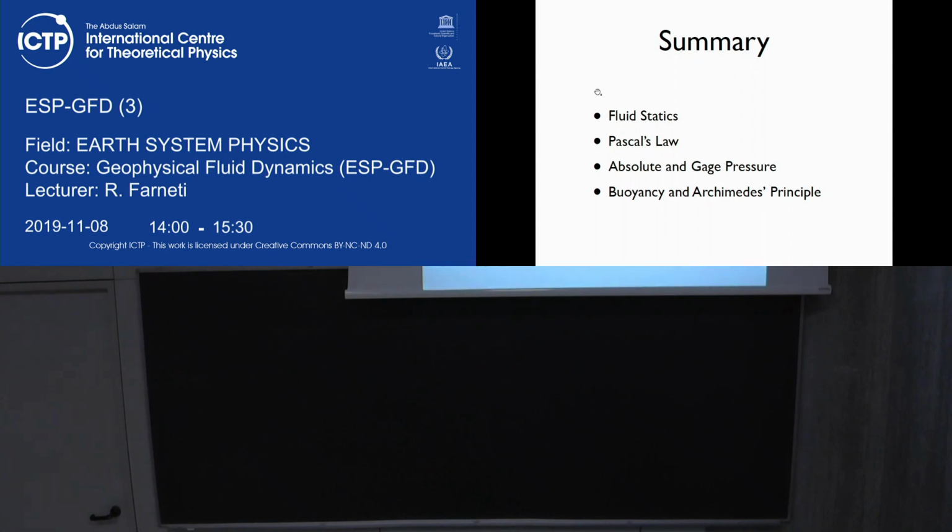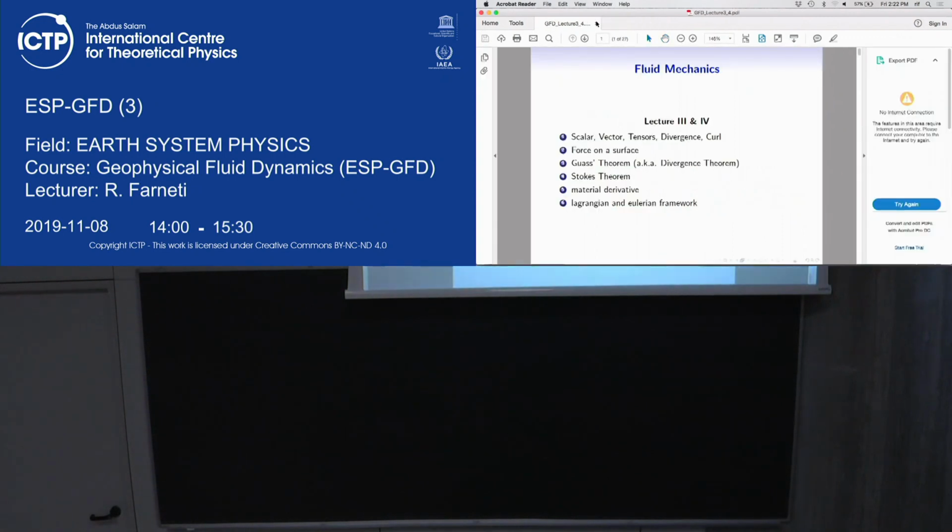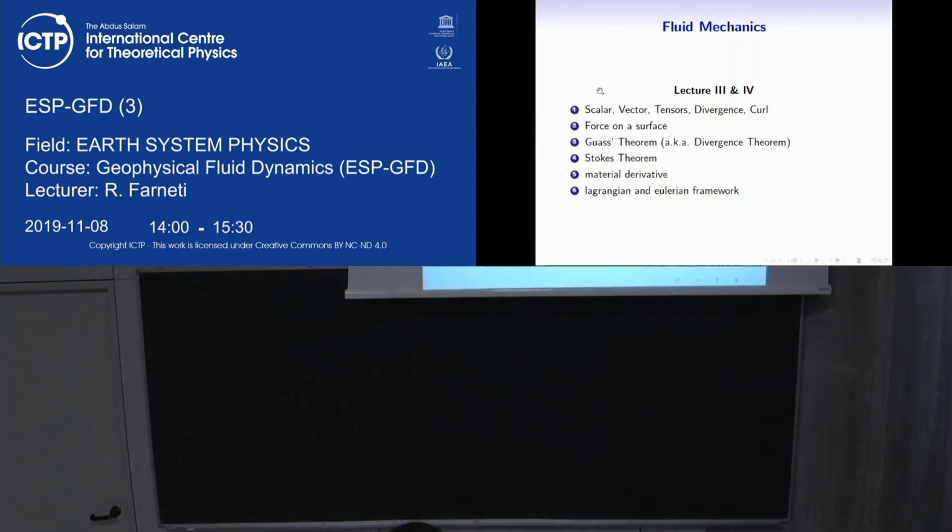Okay, so that's the summary of what we looked at. Now we're going to start with a little bit of some definitions of scalars, vectors, and tensors, basically just to introduce tensors.